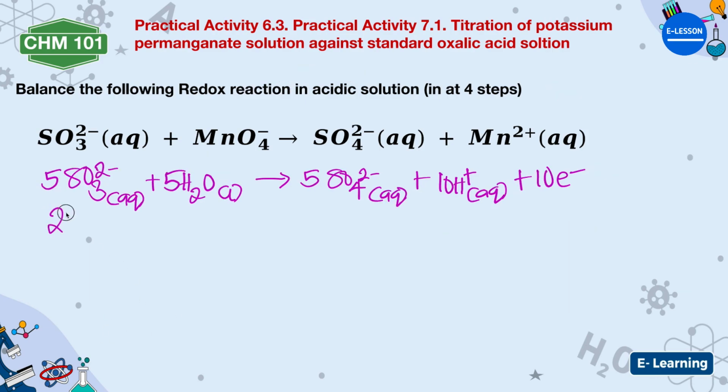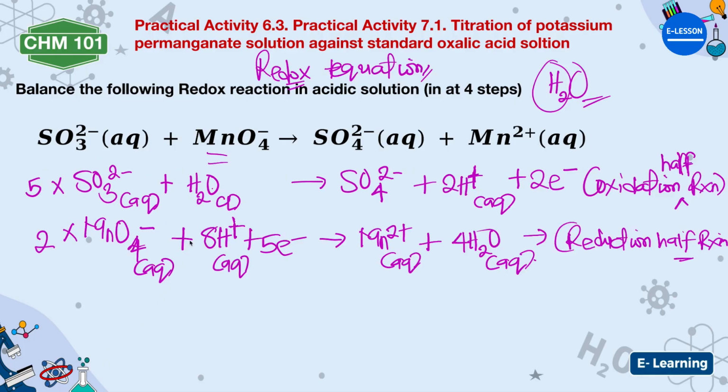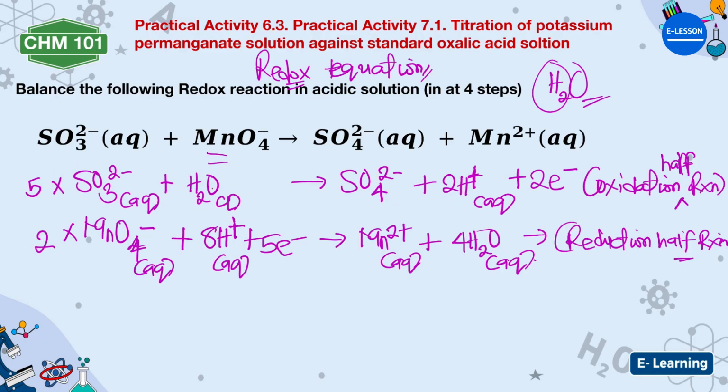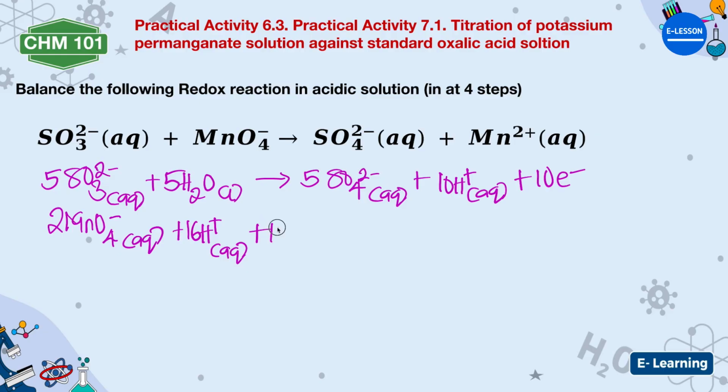Now these 2, you also use it to multiply everything you have here. So this will give us, my dear student, 2MnO4 negative aqueous. Then we have plus 16H plus aqueous. Then we have plus 2 times 5 will give us, my dear student, 10e negative.